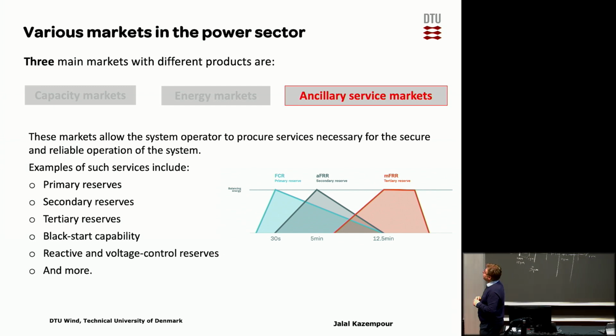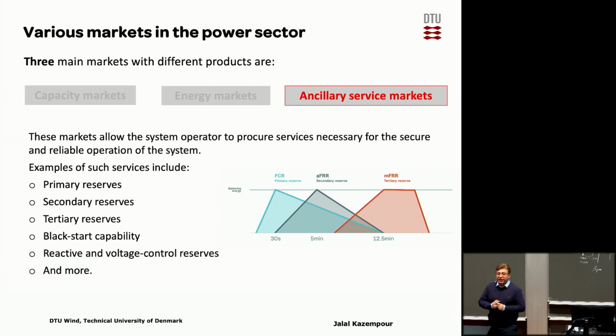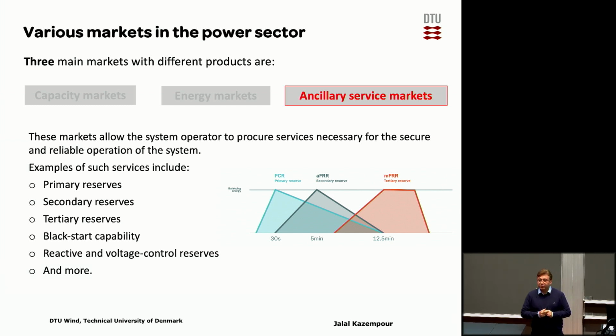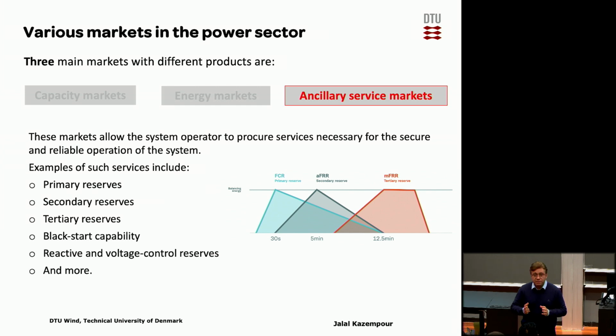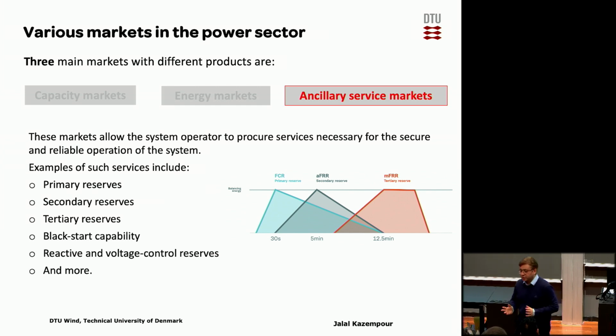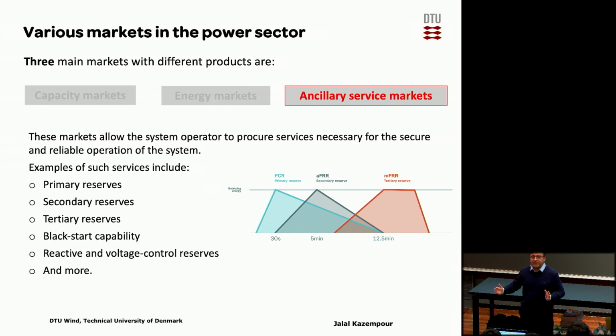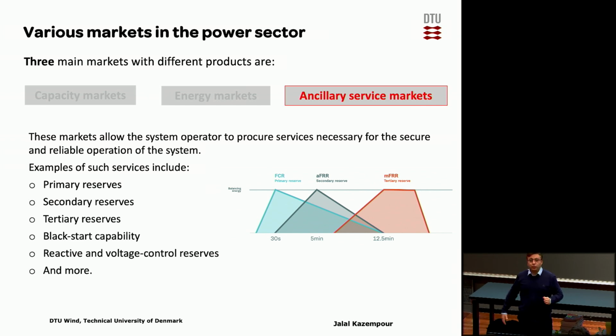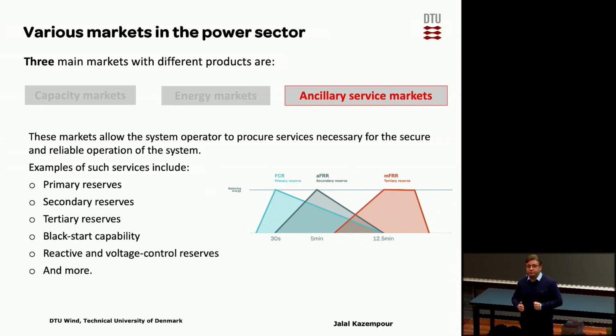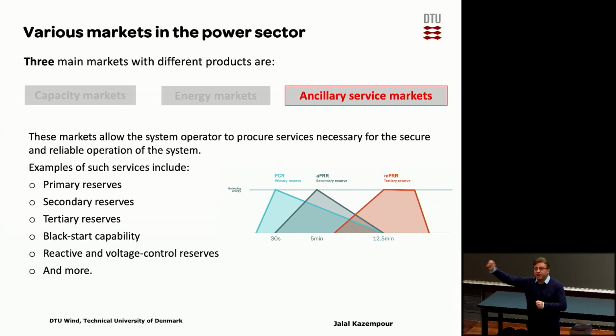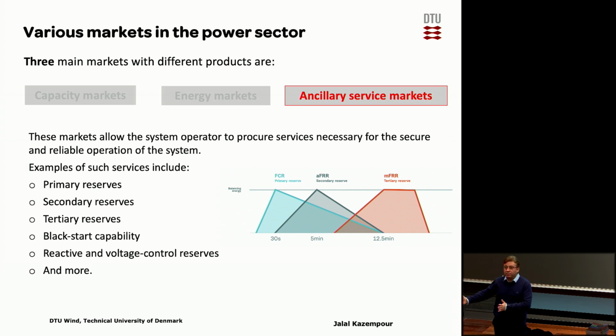Ancillary service markets. Again, we buy capacity, but only for balancing purposes. Imagine that we are pretty close to real time and we realize we need 2 megawatt. We have a 2 megawatt supply deficit. So someone should increase its production by 2 megawatt. You know it just 5 minutes before real time.